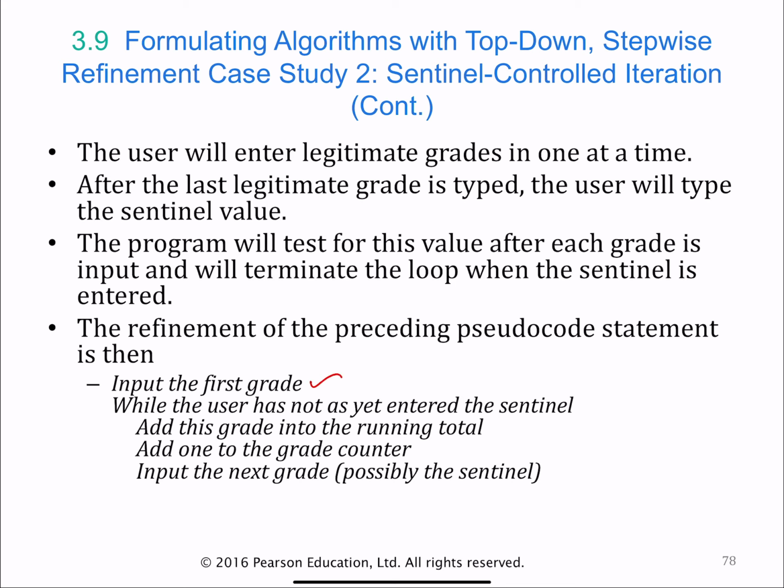Input the first grade, and as long as the input received from the user is not the Sentinel, keep doing the following. This is now inside the while loop. Add this received grade into the total, add 1 to the counter, and ask for the next grade. And then check if that grade is a valid value or the Sentinel value.